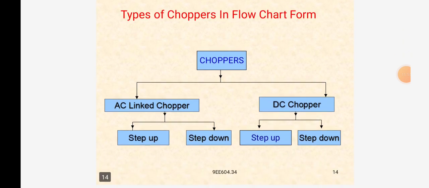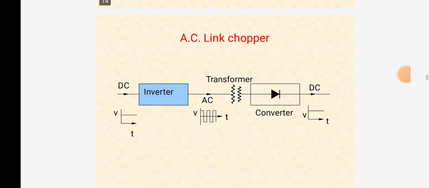In flowchart form, the choppers will be AC link choppers, under that we have step up and step down. Again in DC choppers, there will be step up and step down choppers.